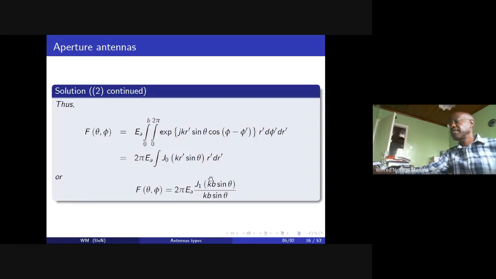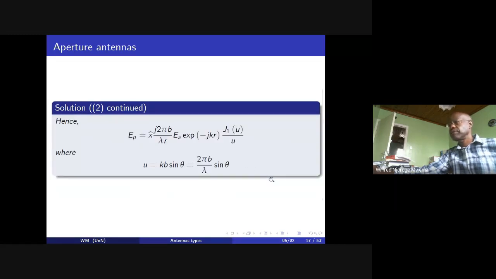It looks just like the one we had for the rectangular plane, only we were using the trigonometric values rather than the Bessel functions. And hence, the field at the field point is just going to be given by that value, where u has been described as kb sin theta, which is equal to 2 pi b by lambda multiplied by the sine theta.